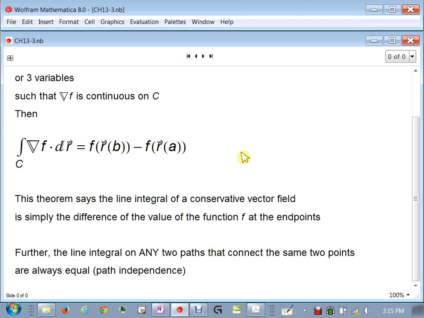Because all we're going to do to get the value is subtract the endpoints, so it won't matter how we got to them. The fact that it's a conservative vector field guarantees that we'll get the same answer regardless of the path. But being a conservative vector field is a strong condition. Not every vector field is conservative, so we like conservative vector fields because of this.